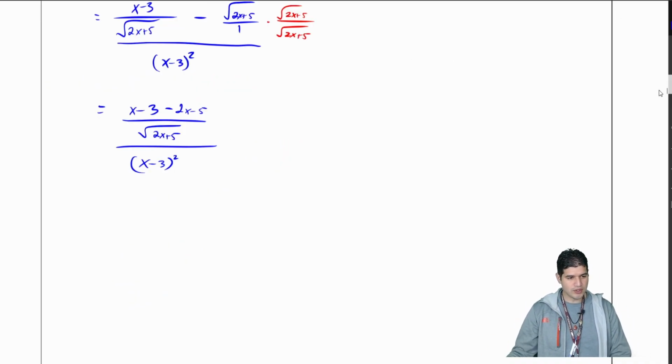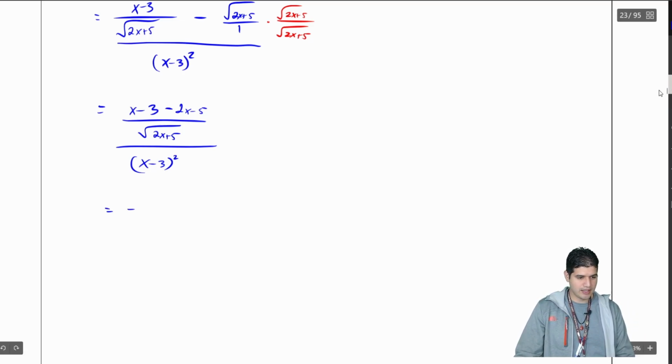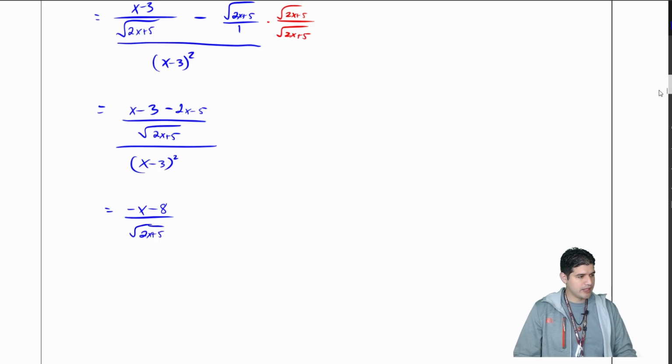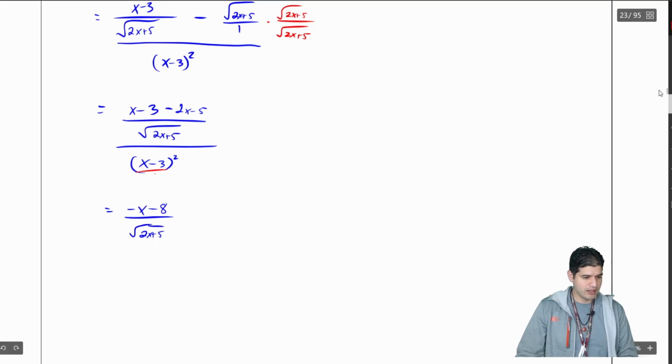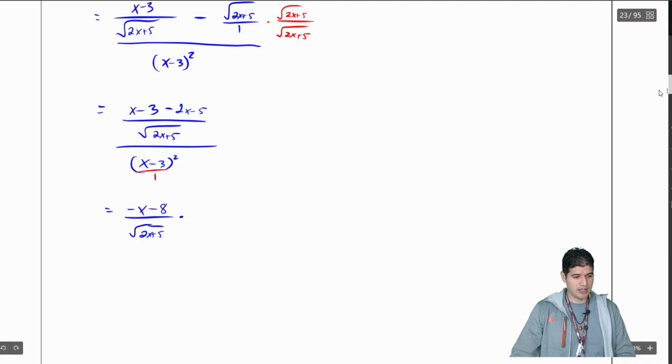All right, so what I'm noticing is that I can combine some things here. So I'm going to get some negatives. So in my numerator, I'm going to get negative x minus 8 over the square root of 2x plus 5. And okay, what I can do here is write this over 1, just so I can think about it in my head, because I'm going to flip and multiply, right? I'm going to multiply by that reciprocal, and I'm going to get 1 over x minus 3 squared.